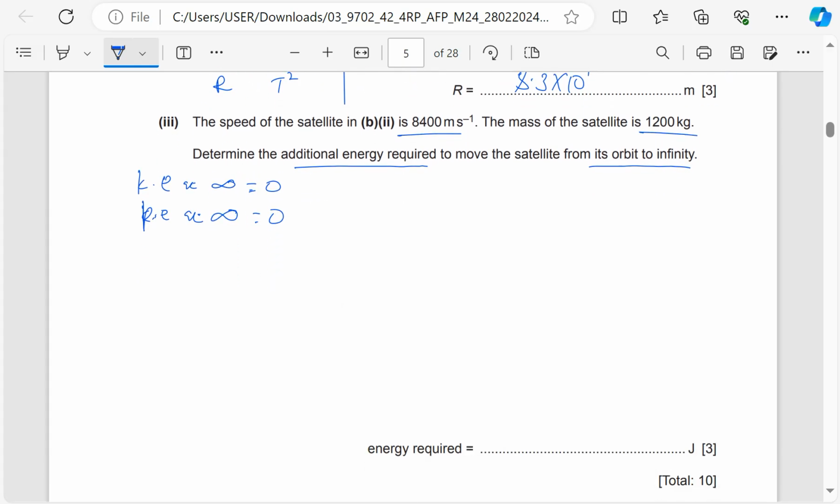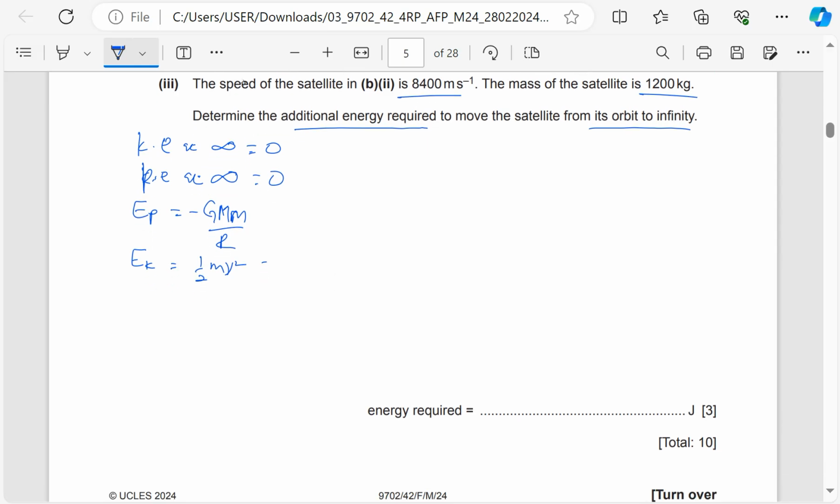But of course, potential energy on the surface is equal to negative G M small m divided by R, and kinetic energy on the surface is half m v squared. But at infinity, each of them is 0. So that means change in potential energy is going to be equal to 0 minus negative G M small m over R, and change in kinetic energy is going to be equal to 0 minus half m v squared.